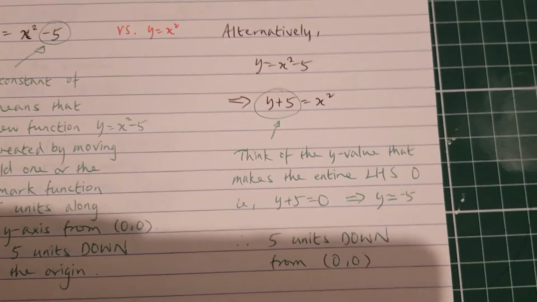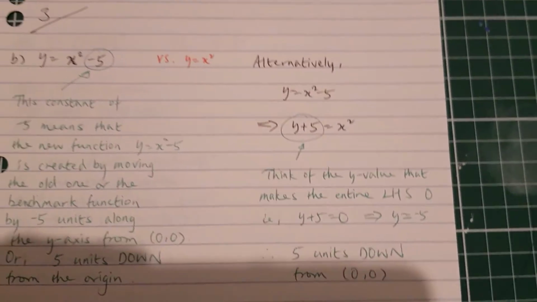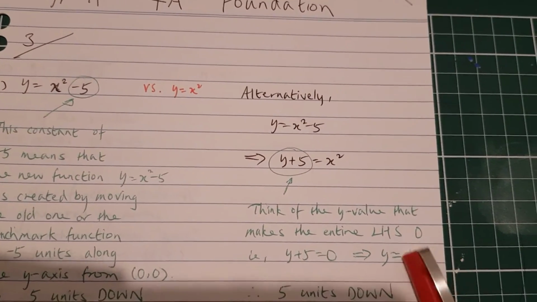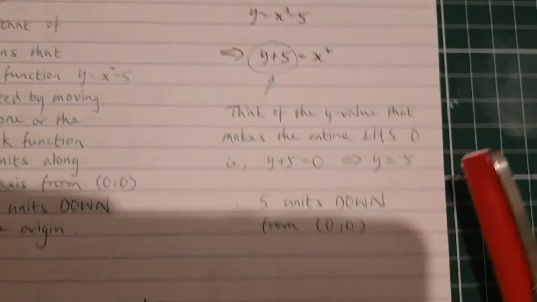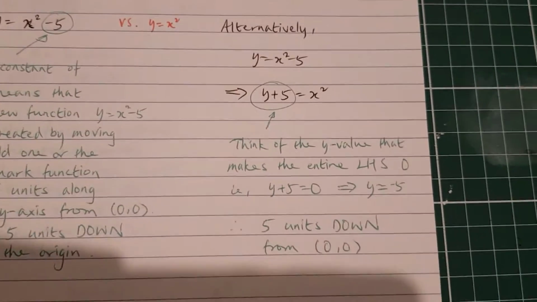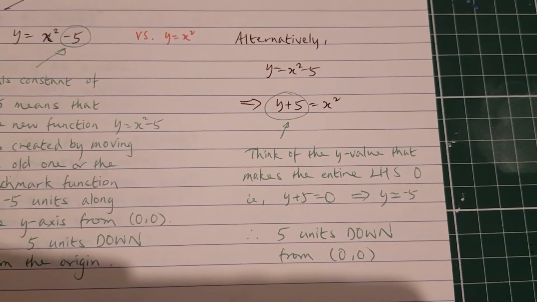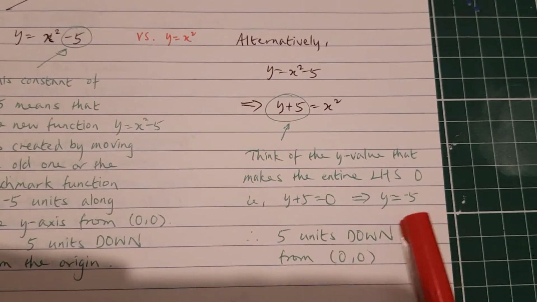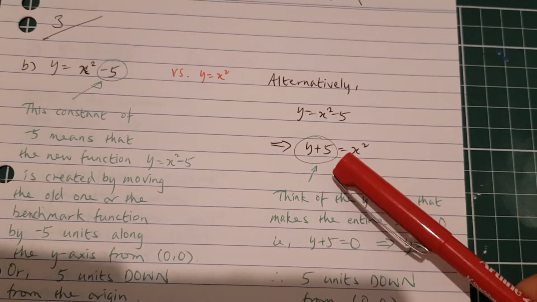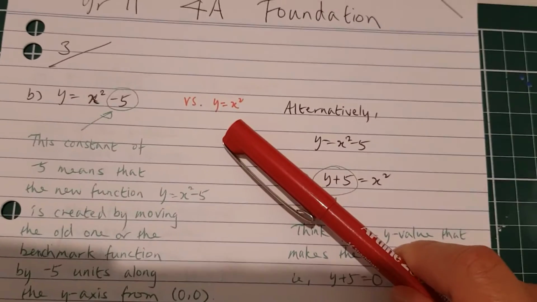It's similar to the completing the square process, but it's on y. Whenever you work with a y value, that means down or up along the y-axis. So that's 5 units down from the origin, and that's how you generate the new one from y equals x squared, the benchmark.